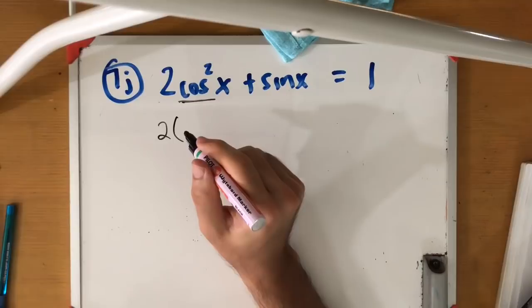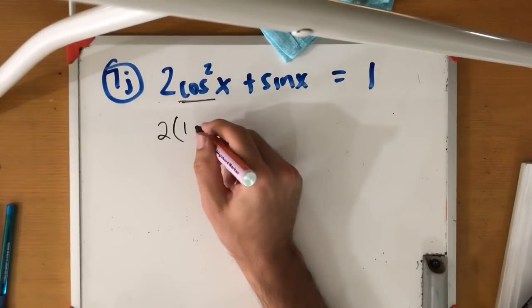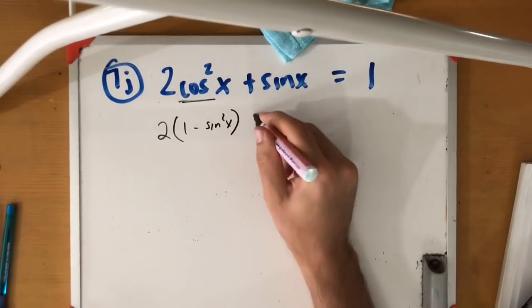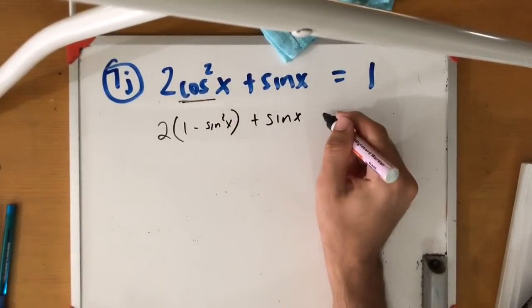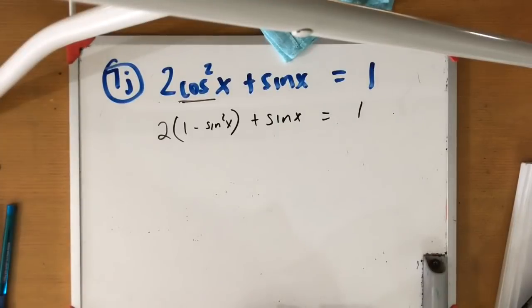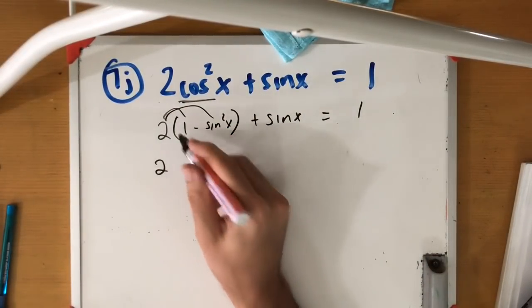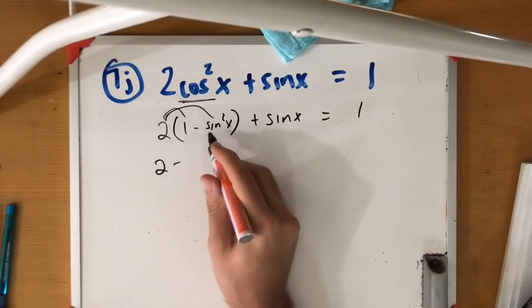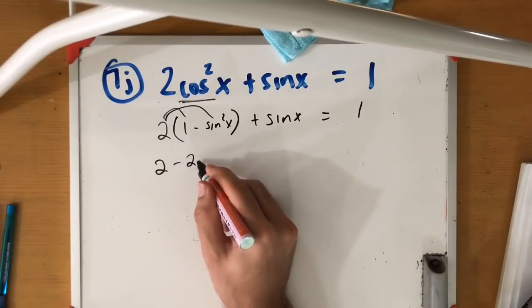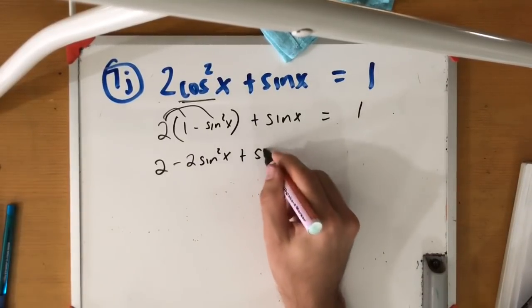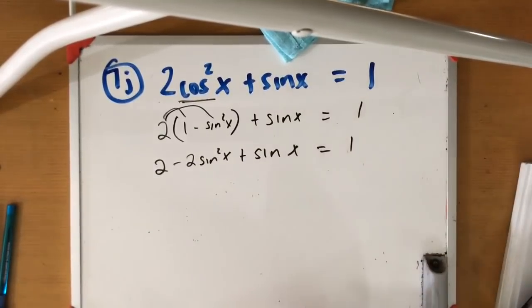Cosine squared x is equivalent to 1 minus sine squared x, plus, and let's write out the rest. We can distribute here. 2 times 1 is 2. 2 times negative sine squared is 2 sine squared x.